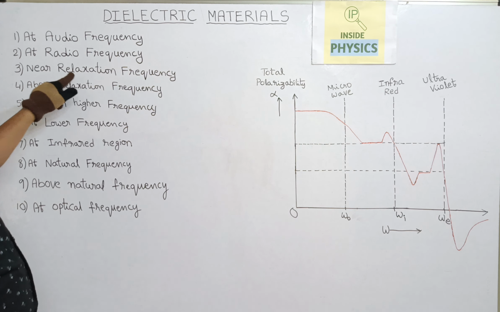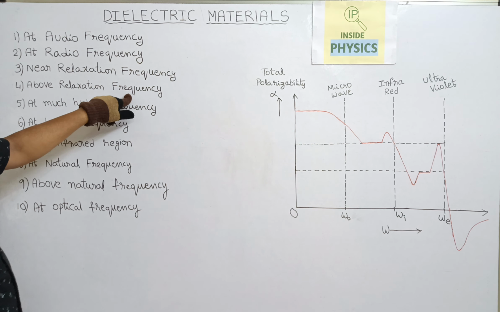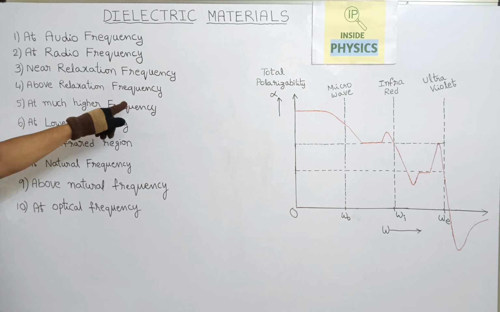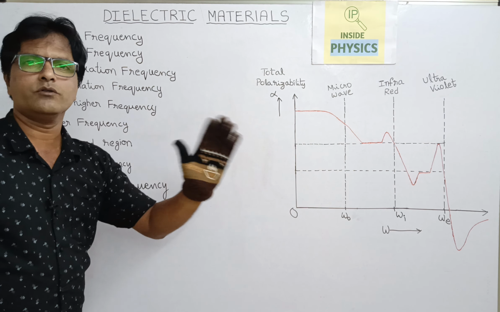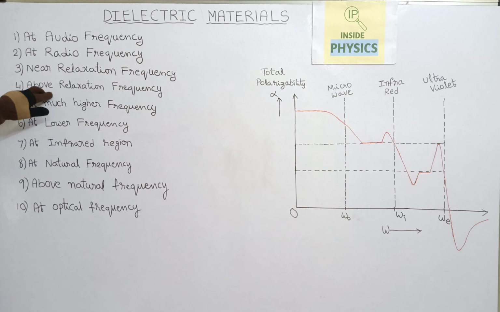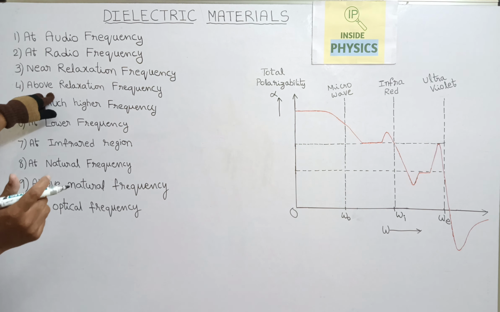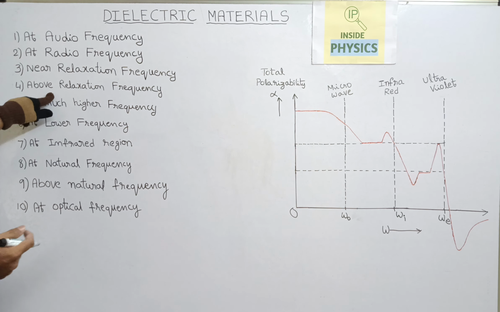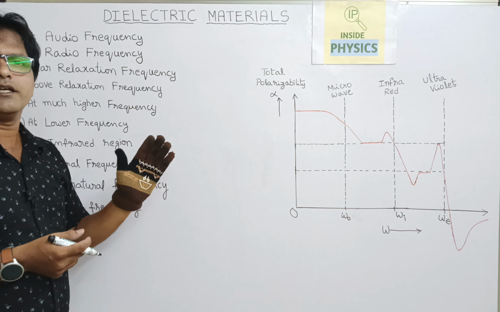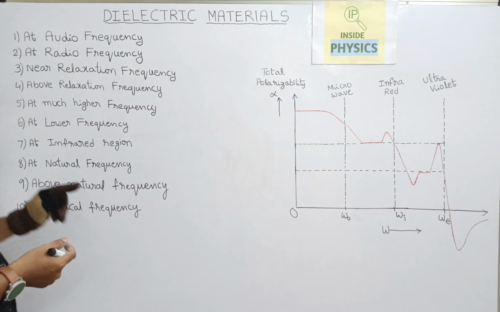So above relaxation frequencies, the polarizability will decrease, and there will be a definite power loss because they are unable to orient themselves into the direction of the field. Just above the relaxation frequency, they almost come into the direction, but they cannot completely come into the direction.